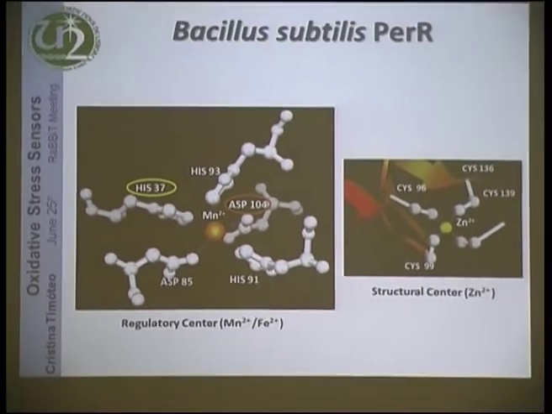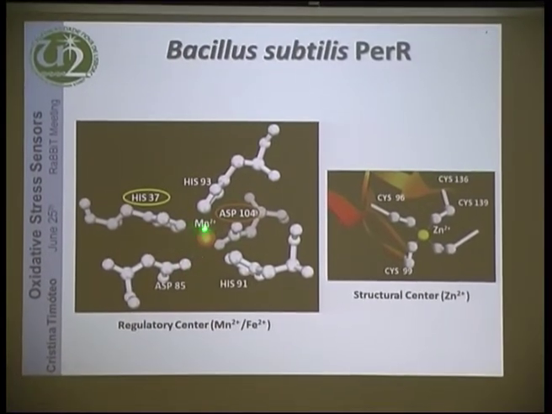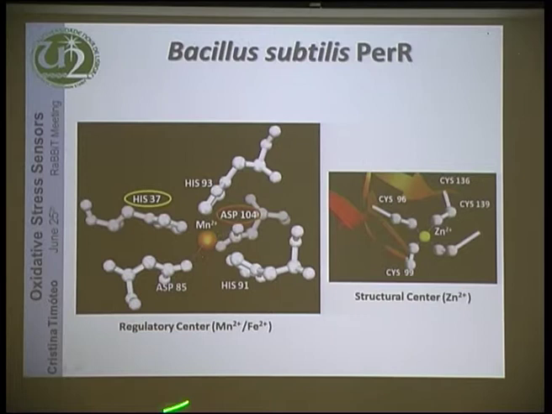The regulatory center, which can bind either manganese or iron, is bound by 5 amino acids of the polypeptide chain, 2 aspartates and 3 histidines. From the mechanism that is published, the key amino acid would be this histidine 37, which is oxidated when the protein encounters hydrogen peroxide.